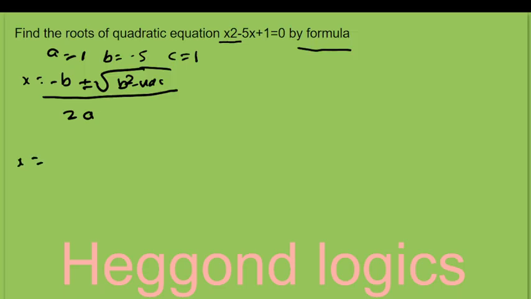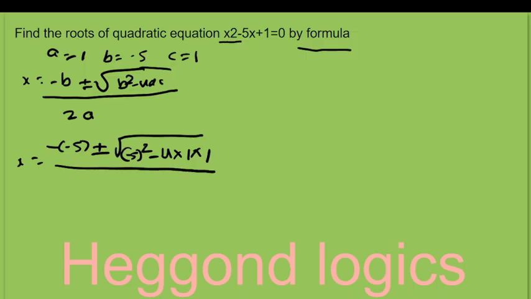Now x is equal to minus b, b value is minus 5, so minus in the bracket minus 5, plus or minus square root of b value minus 5 whole square minus 4 into 1 into 1, divided by 2a, 2 into 1.